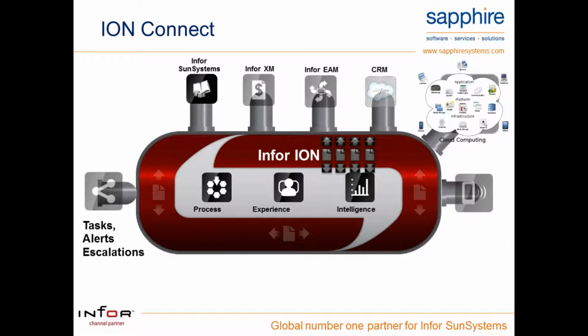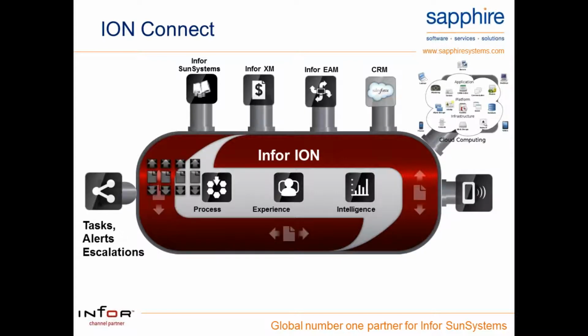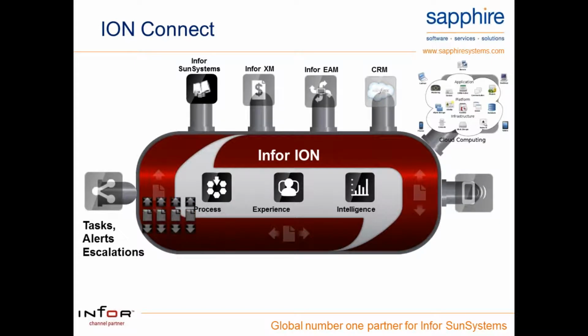And on the right-hand side here, we have a representation of a tablet device or an iPhone. So if you're traveling to a meeting or you're out, even if you're on holiday and you want to take the work with you, if a new supplier account requires approval, or a new employee account requires approval before it can go to Sun Systems, this can be brought to you so you can receive a notification on your iPhone, for example, using the standard notification functionality, and you'll be able to approve or reject that straight from there.